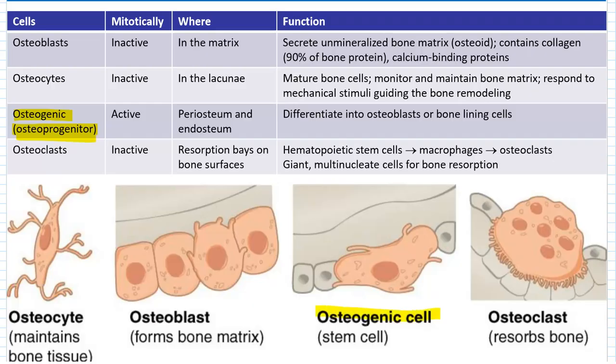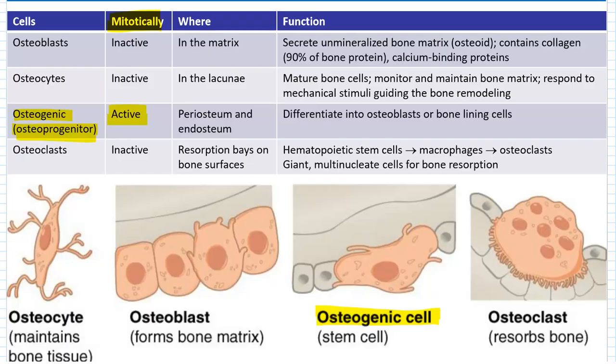These cells are stem cells, and those are the only cells in the bone that can divide. In other words, the only cells that are mitotically active. So osteoprogenitor or osteogenic cells do divide.